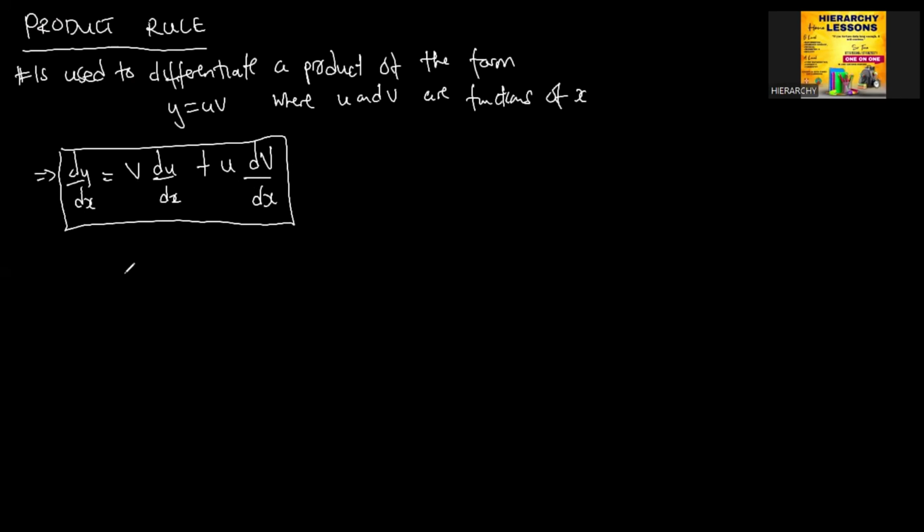Let's just do the quotient rule, then we do examples. So we're going to look at the quotient rule. Is that the same as this, which was a product? No, the quotient is a division of two functions.